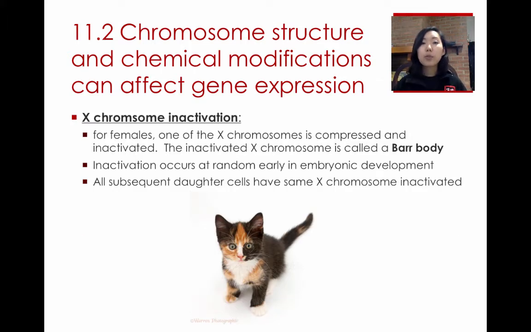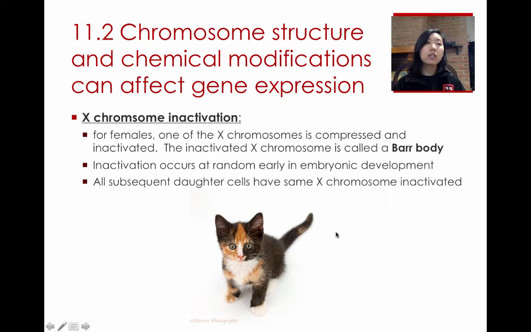The last kind of chromosome modification you can have is X chromosome inactivation. With females, who have two X chromosomes, only one of those X chromosomes is really expressed in each particular cell. During embryonic development, one of those X chromosomes will be inactivated, and that inactivated X chromosome is called a Barr body.